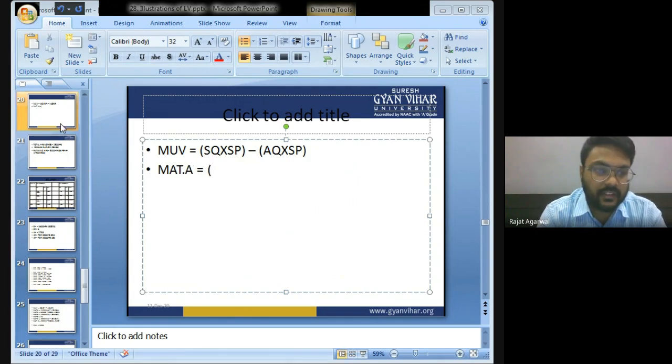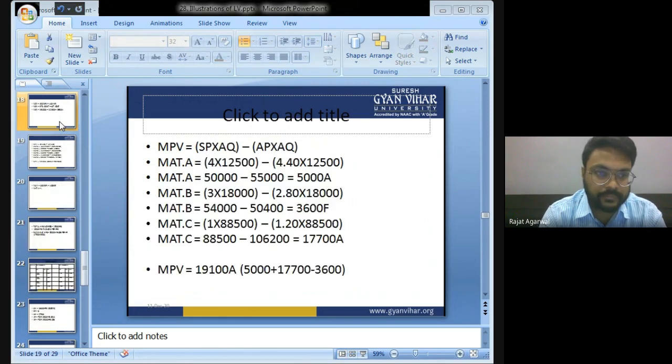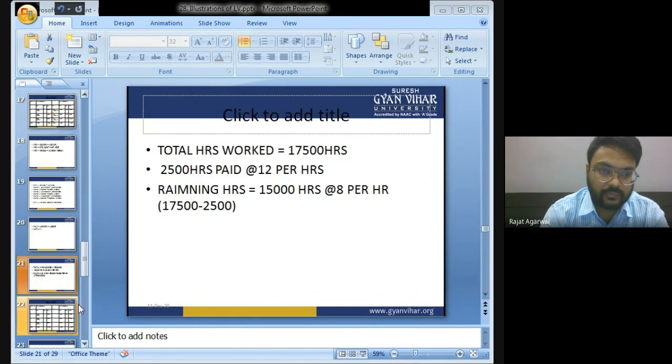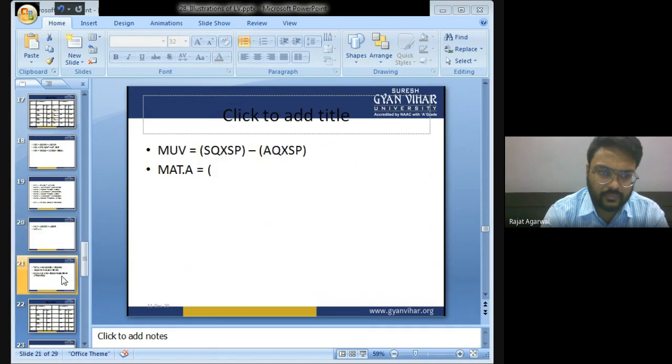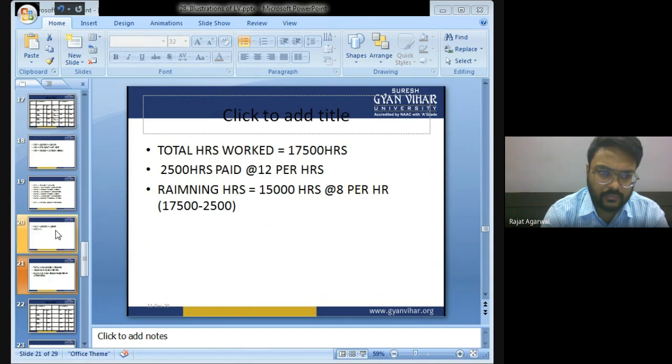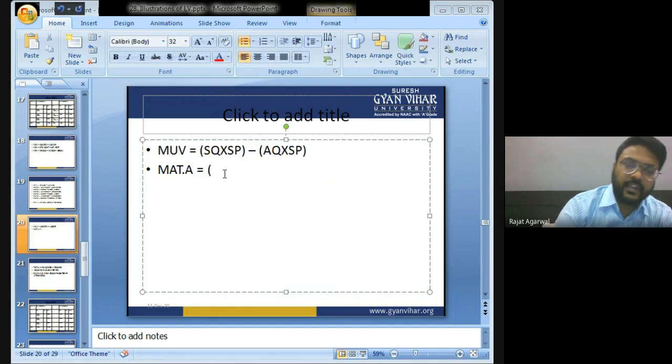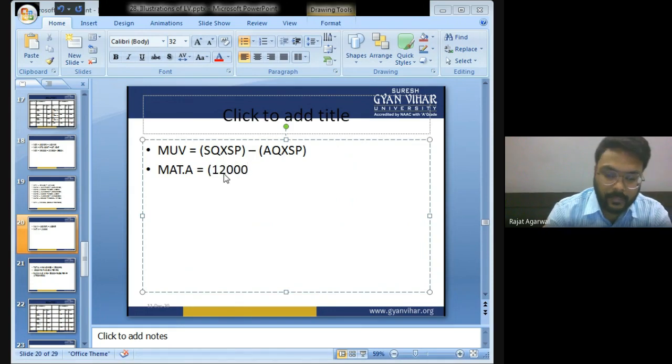Material A, standard quantity of A is 12,000.